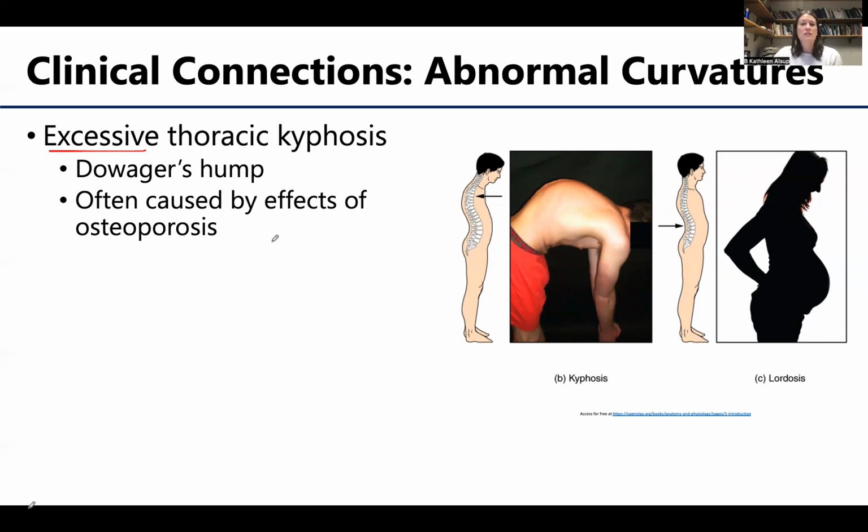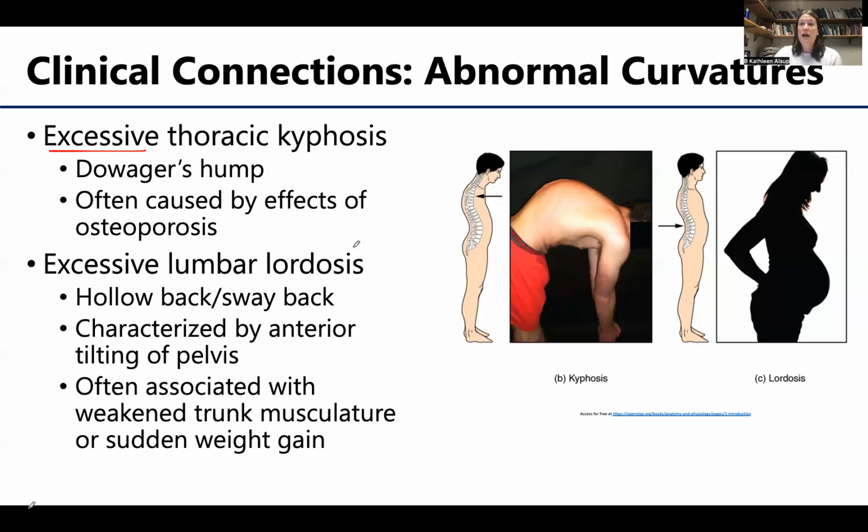This is often caused by the effects of osteoporosis. If you have many microfractures associated with the vertebral bodies, that can allow for this excessive kyphosis to occur in the thoracic region. You can also have excessive lumbar lordosis, a little more commonly. Sometimes this is referred to as a hollow back. Think of how hollow that can be there. This is often characterized by an anterior tilting of the pelvis, so that pelvis is projecting a bit too anteriorly.